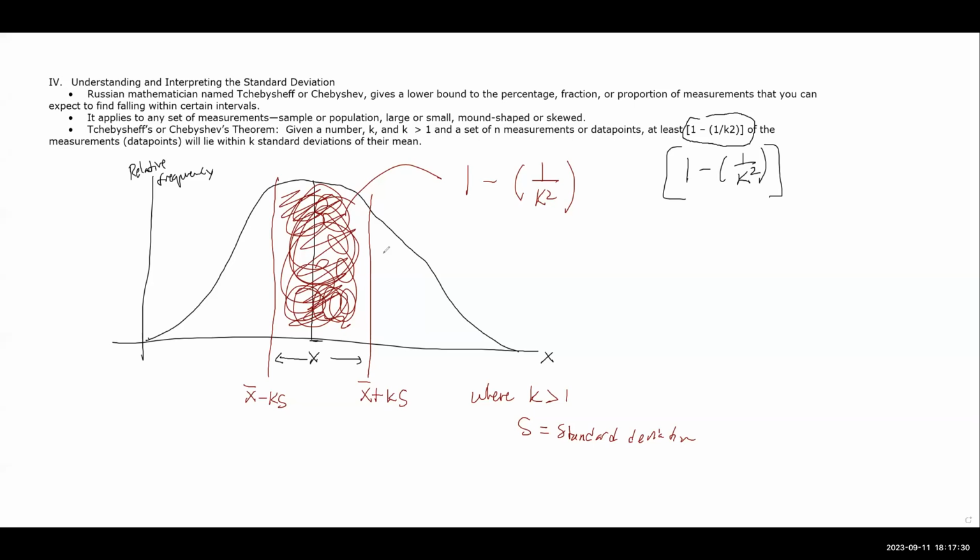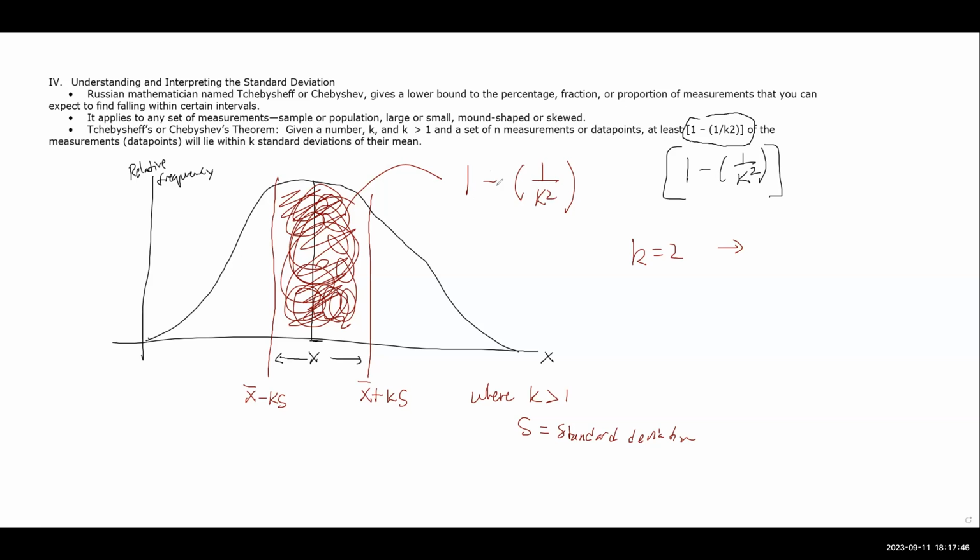For example, if k is equal to 2, then 1 minus 1 over 2 squared, which is 4.